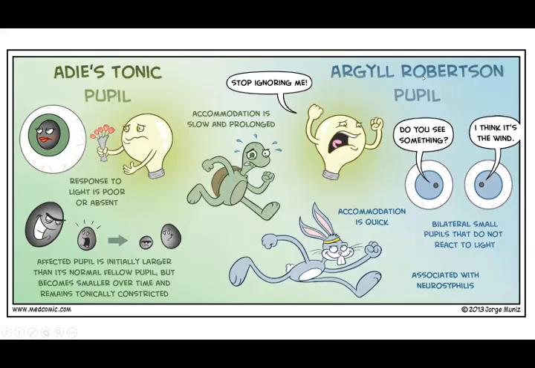In Argyll Robertson, on the other hand, accommodation is quick, and the light reflex is not there. There are bilateral small pupils that do not react to light. This is associated with neurosyphilis. So there is no response to light in both eyes in both cases, but in Adie's tonic pupil, there is a quick response to accommodation.